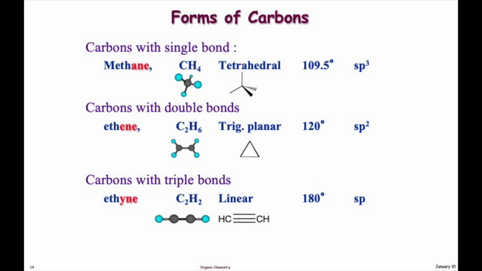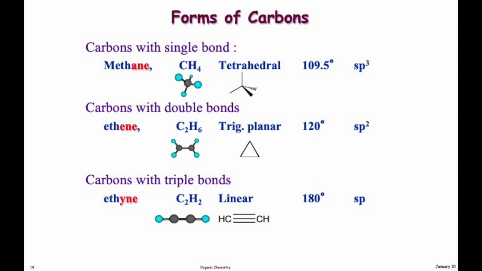Eth meaning 2 carbons, A meaning single bonds throughout. But we have ethene here, so eth meaning 2 carbons, E meaning there's a double bond. Okay? We'll talk more about that shortly.